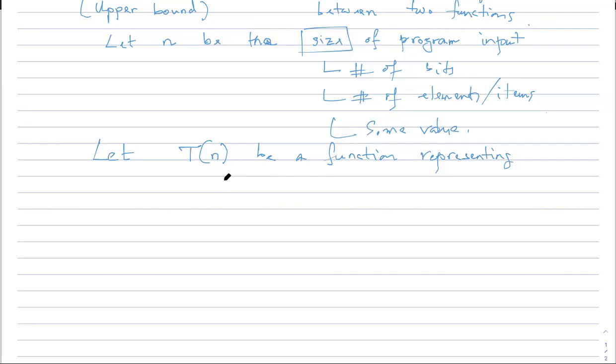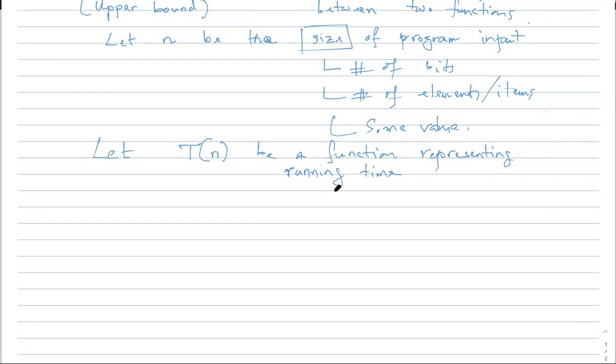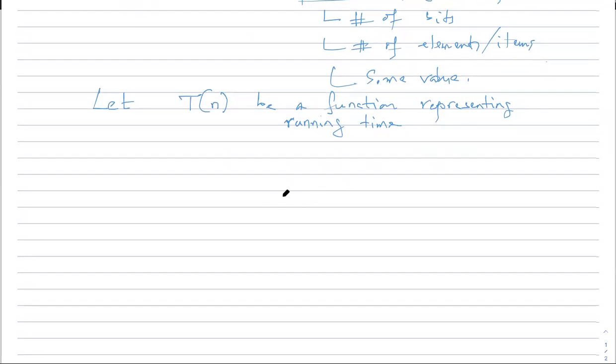But just for the sake of context, we can use it for representing running time, because that is the interest we have right now in analyzing the time complexity of your program. But keep in mind that the theoretical foundation that we are laying down can represent anything. So running time is just an example.